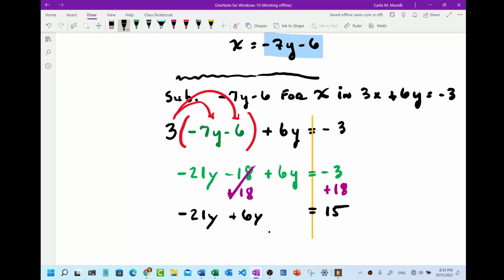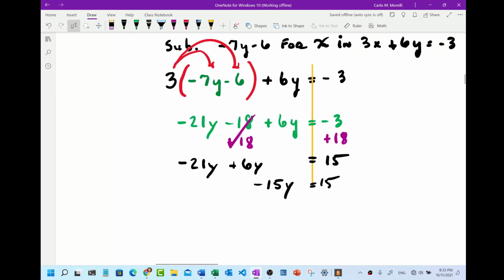So now I've got negative 15y equals 15. Should be fairly obvious what we're going to do next. We're going to divide both sides by negative 15. Okay, and we have y equals negative 1.